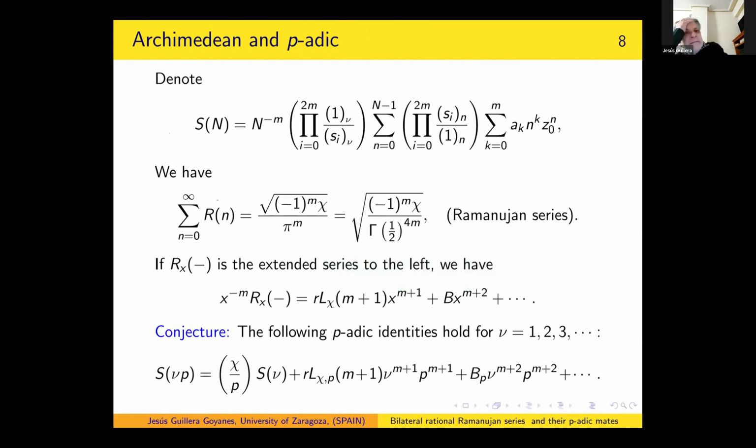Archimedean and p-adic. Now we denote S of n, this function, and why we have constructed this function in this way.